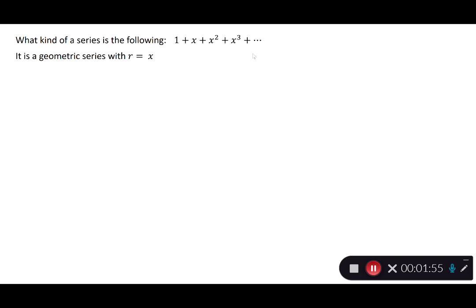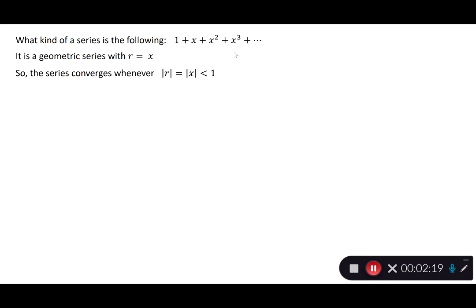So try to recall, when does a geometric series converge? Whenever the absolute value of r is less than 1, right? So that means whenever the absolute value of x is less than 1, this series converges. Are we cool with that?